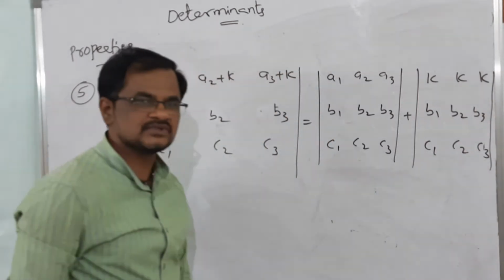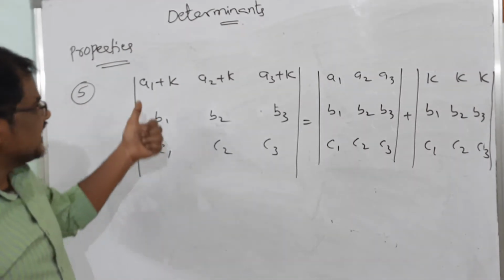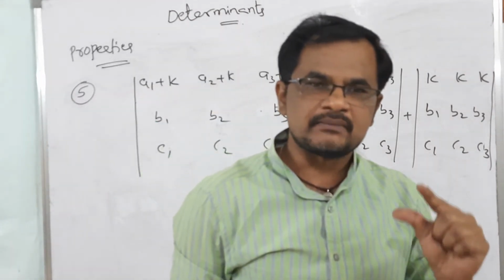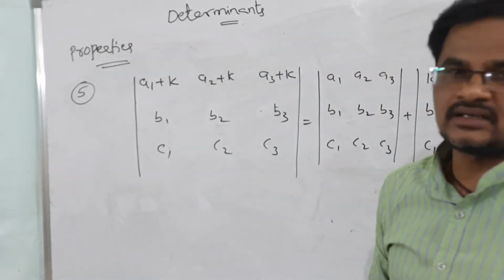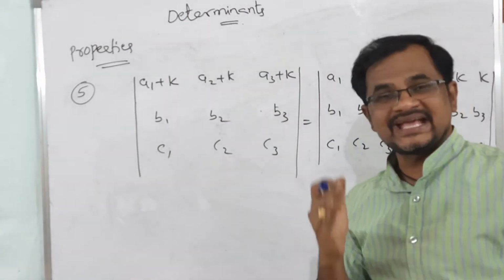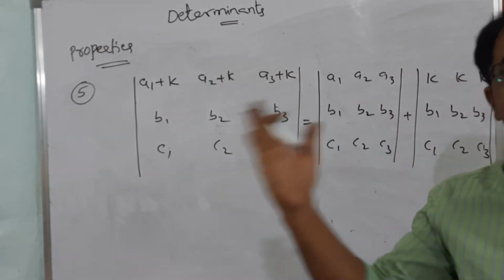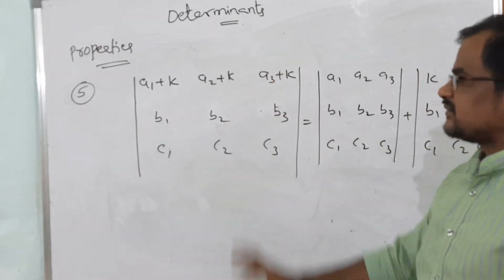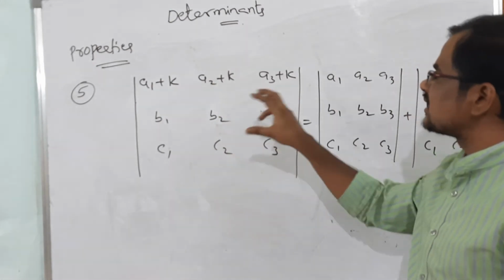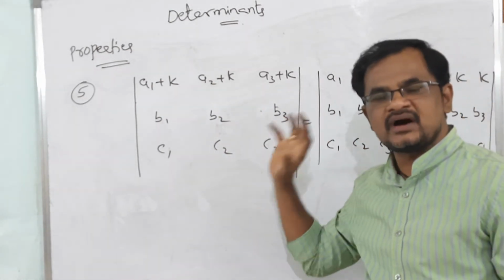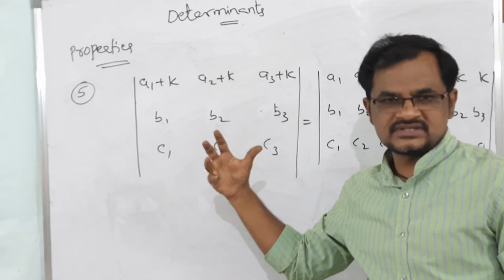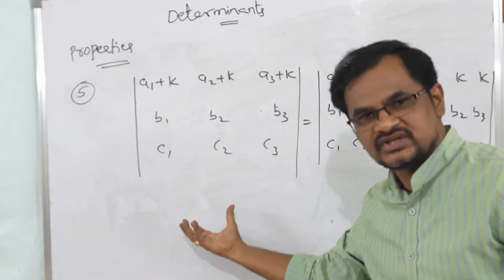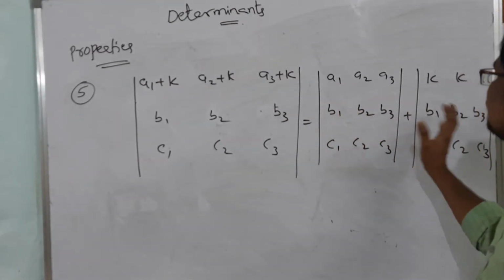What are you observing here? In a determinant, if any row or column contains the sum of two terms, then that determinant can be expressed as the sum of two determinants.